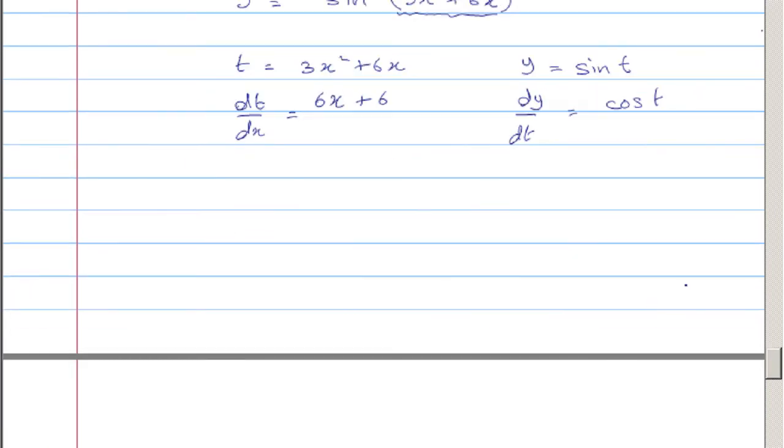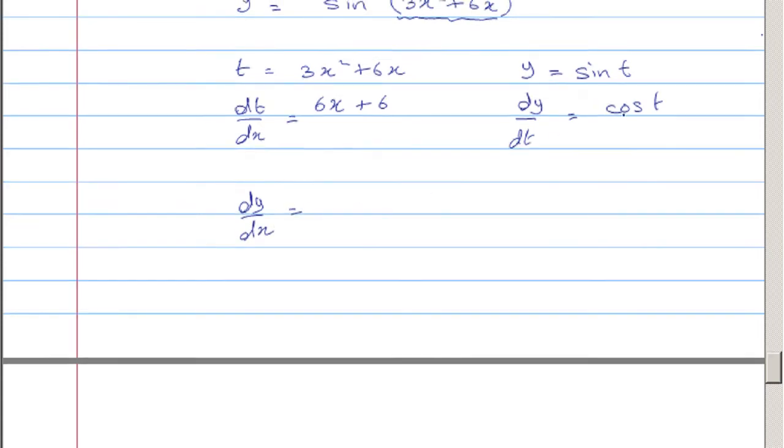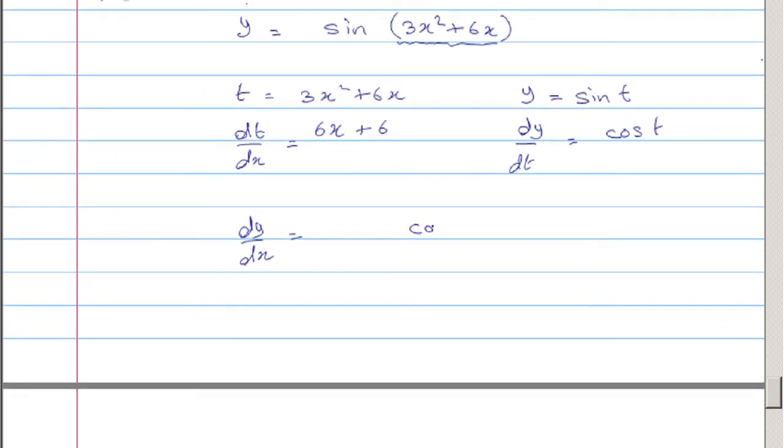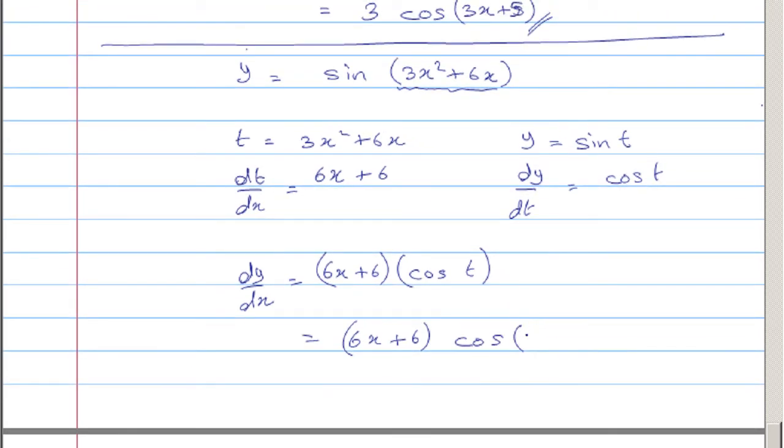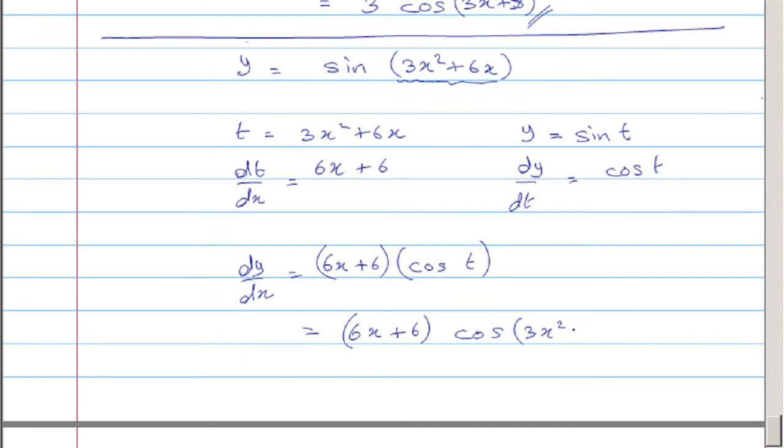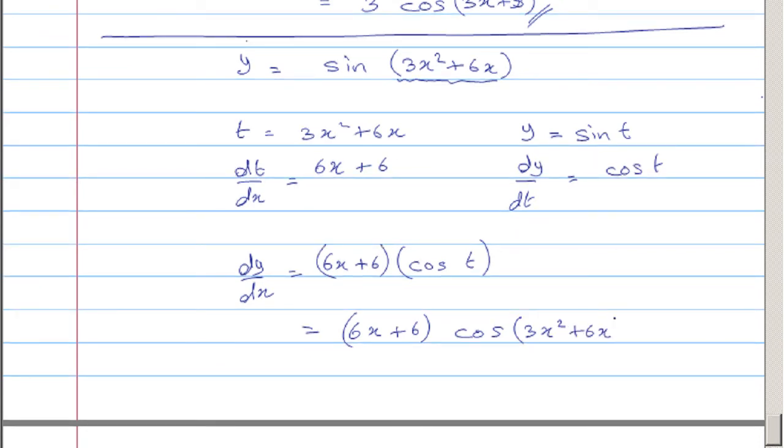And then when you apply the chain rule, we have dy over dx is equal to dy over dt, that is cos t, times dt over dx, and I'll put that up front here, so I have 6x plus 6. And then the last step is to substitute back for t, so we have 6x plus 6 times the cos of 3x squared plus 6x.